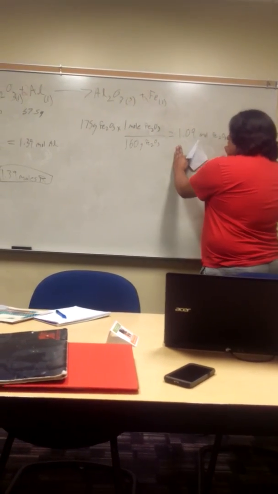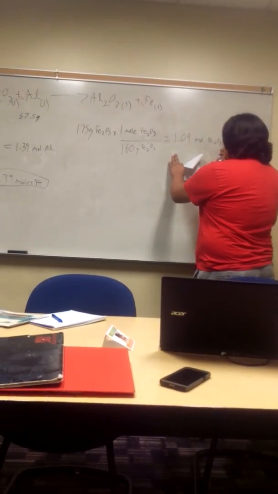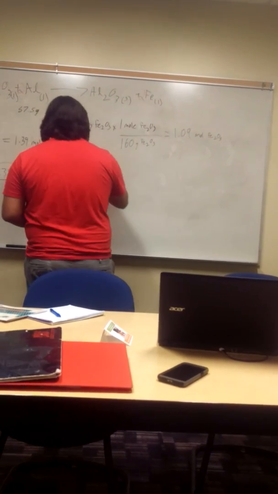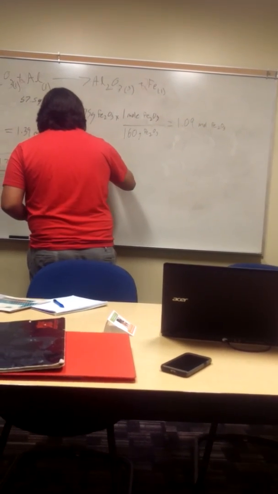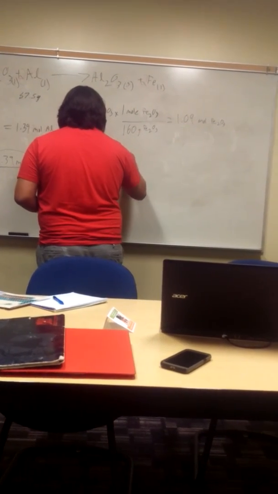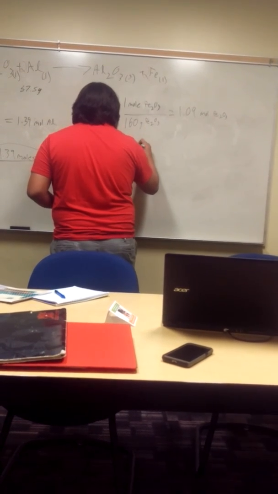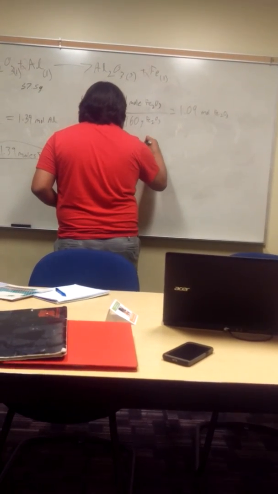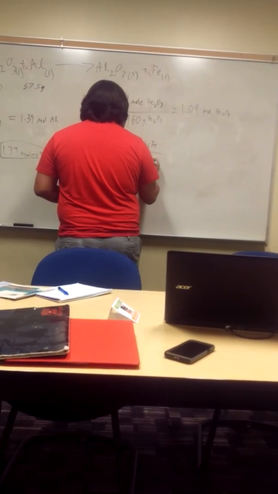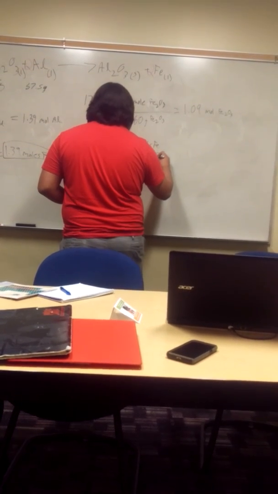We can't just start working with these moles. We have to find out the moles of iron inside this entire iron oxide. So what we have to do is grab the 1.09 moles of iron oxide, multiply that by the 2 moles of iron in our equation over the 1 mole of iron oxide, because that's what we want to drop.